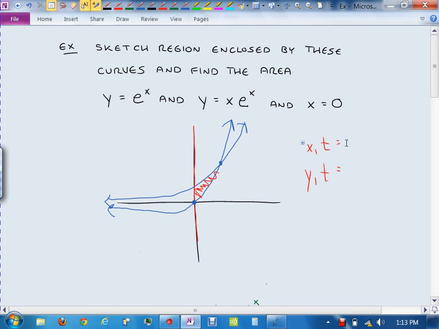What would X1t be? T, and then e to the t. That would do this one. And then what would X2t, Y2t be? T, T e to the t.